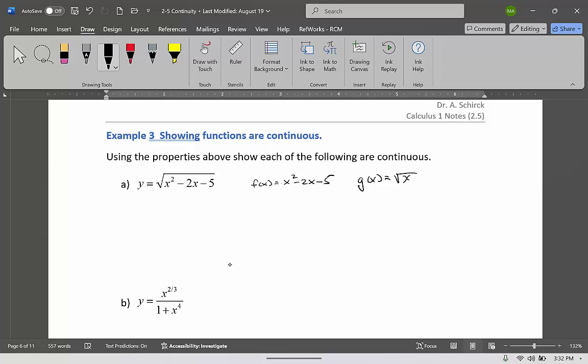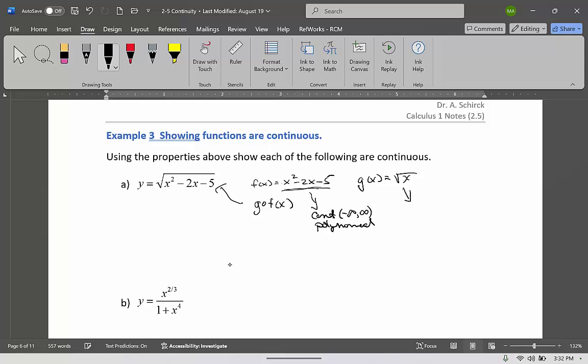Okay? So, because then if we take g composed with f of x, we basically get this function here. All right, so this function is continuous on its entire domain because it's a polynomial. So it's actually continuous from negative infinity to infinity.